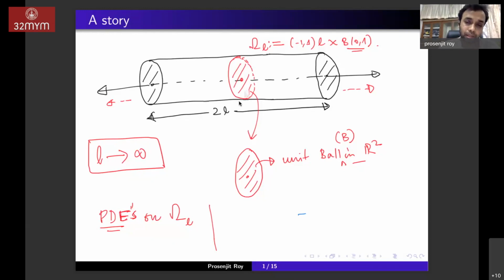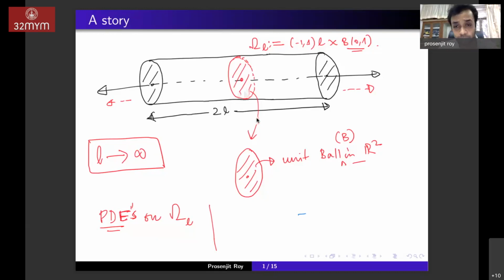But in general, computing in higher dimension is a difficult question, because suppose they have a PDE on this cylinder Omega_L, which has length 2L and which is large, let's say very large. Now the difficulty that they generally face is finding a solution to a given PDE.